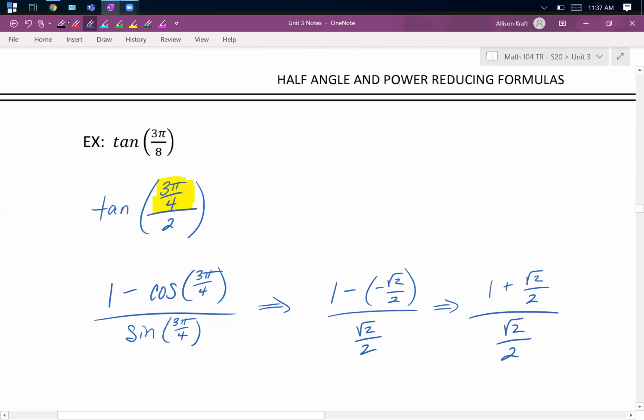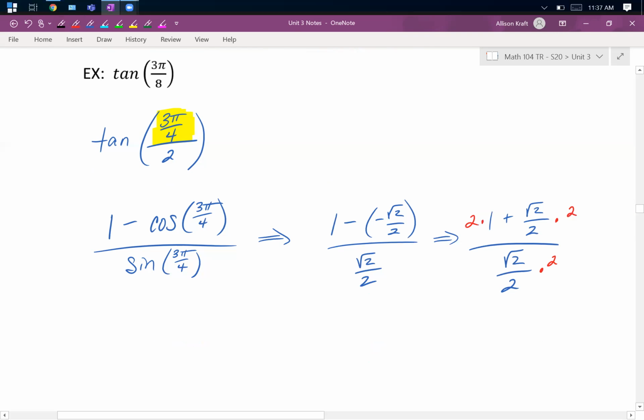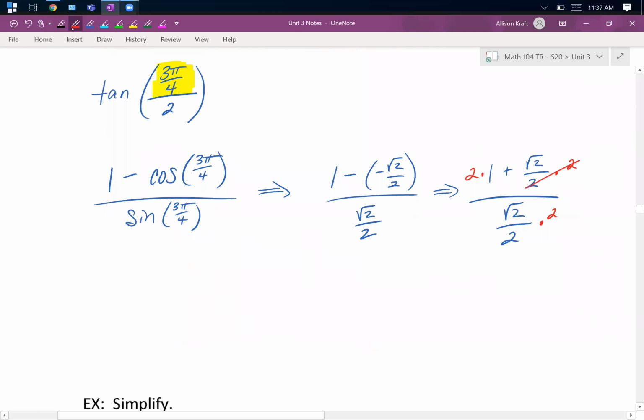We have a complex fraction that we want to simplify. We'll multiply everybody by 2. That's going to give us 2 plus the square root of 2 all over square root of 2. If our denominator was really complicated, if it was something like square root of 2 over 3, I would be fine with you not rationalizing that. But since it's just square root of 2 in the denominator, let's rationalize it.